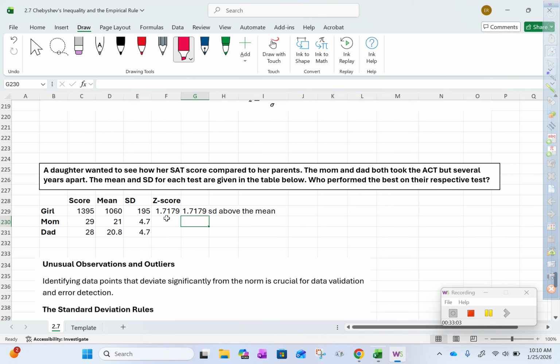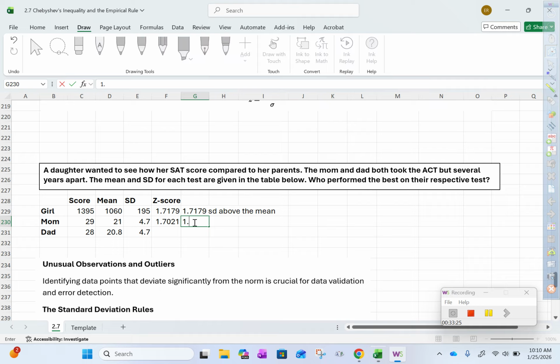Now, we could pull this down, but I just want to practice here. So equals, parentheses, we're taking the score minus the mean. That gives us the deviation from the mean. And then we're dividing by the standard deviation to tell how many standard deviations above.